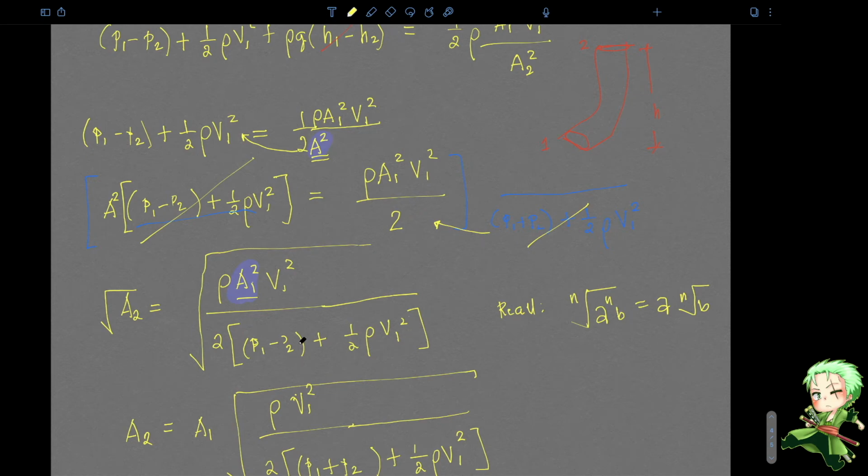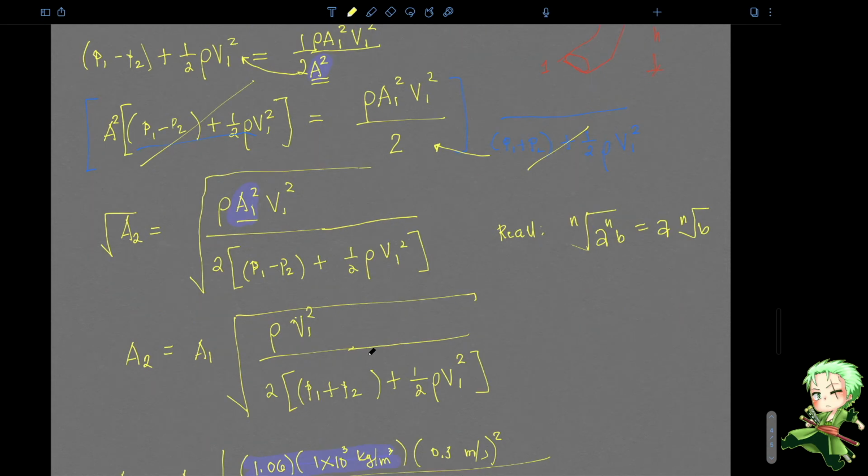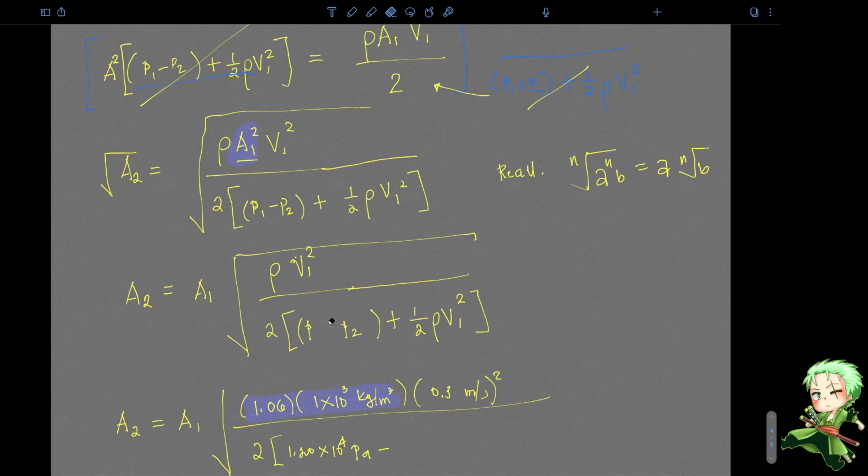P1 minus P2. So this one will also be P1 minus P2.